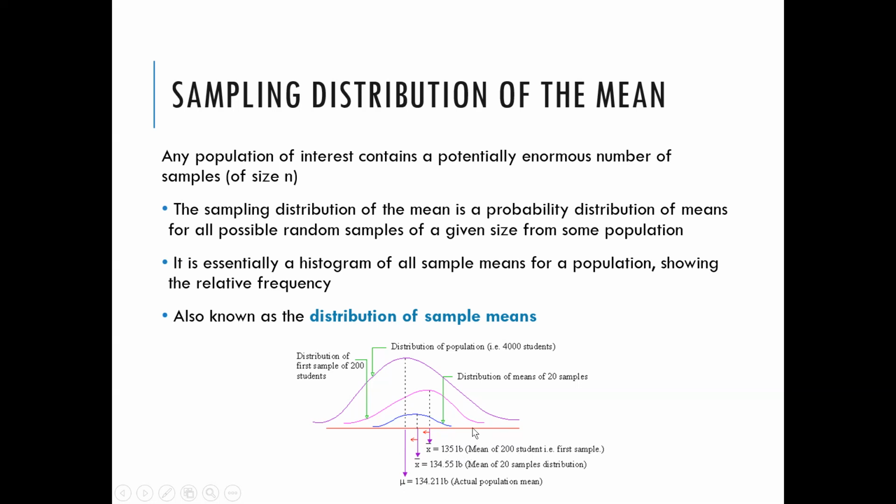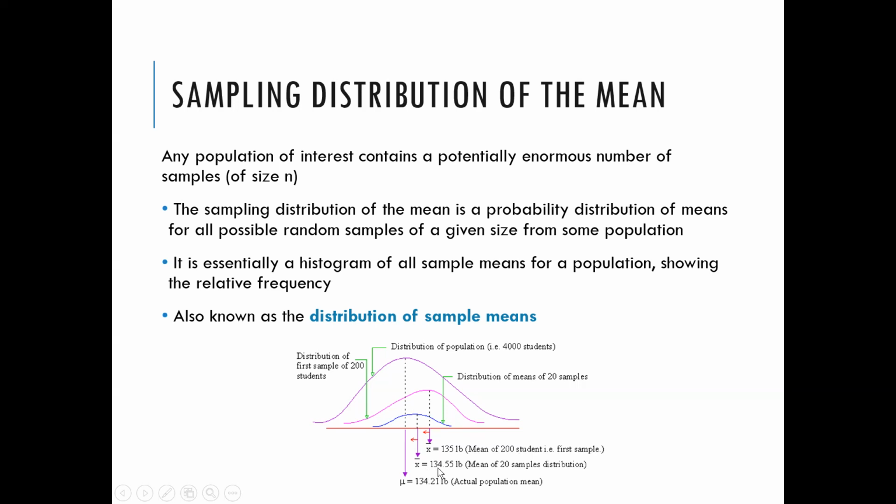But now let's say we take another sample of 200 students and another sample, for a total of 20 samples of 200 students from this entire population. And then we plot the distribution of those means. Now look at this curve. It looks pretty normal, right? Normally distributed. It's a little bit shifted away from the true population mean of 134.2 pounds.